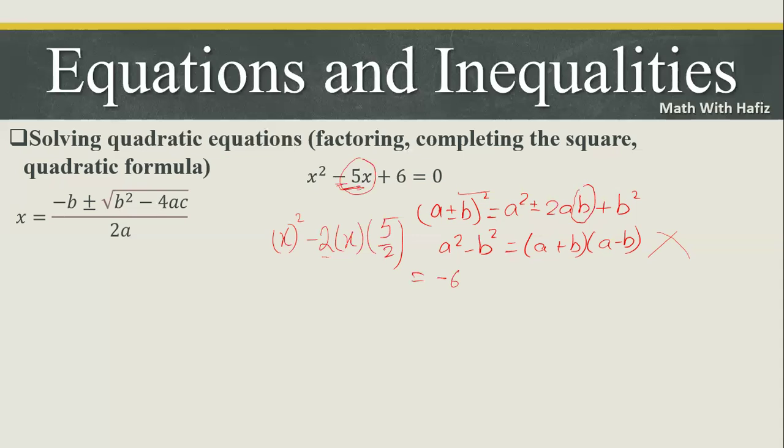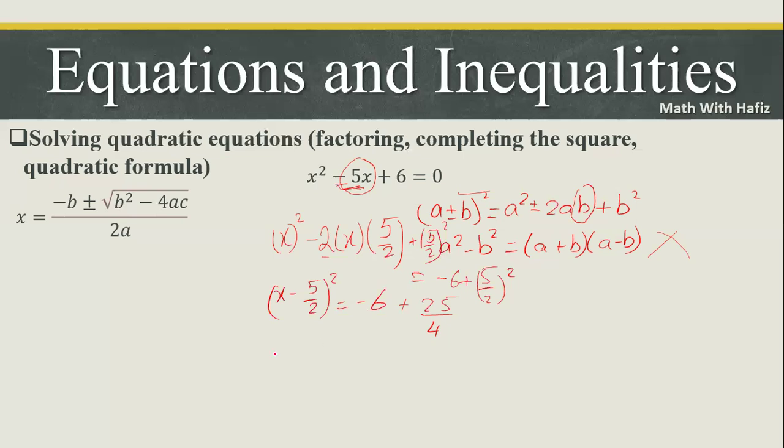So what is the remaining for the formula? The remaining thing is b square. So plus whatever b you found, add its square on both sides: 5 over 2 whole square. So on this side, you will have x minus 5 over 2 whole square equal to negative 6 plus 25 over 4. 5 square is 25. 2 square is 4.